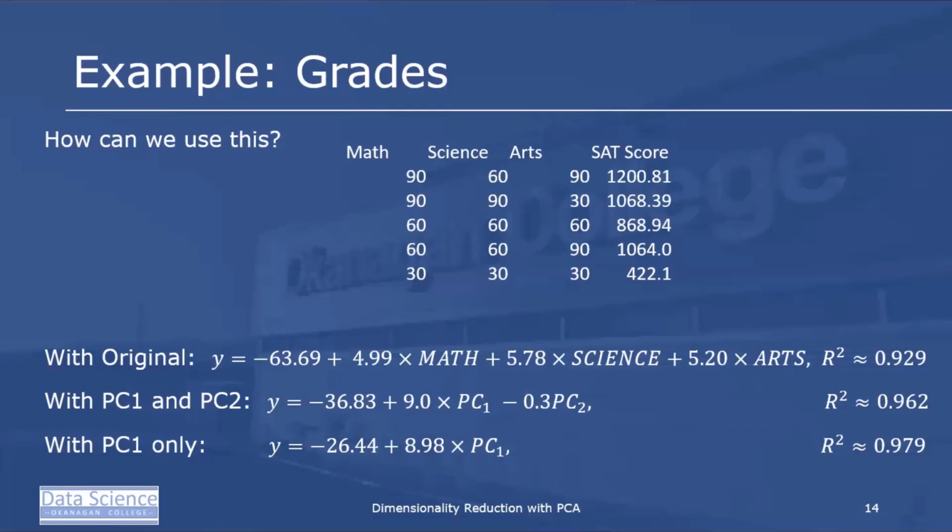If I use principal component 1 only, I get a model that looks like y equals negative 26.44 plus 8.98 times PC1, and that scores about a 97.9% adjusted R squared.